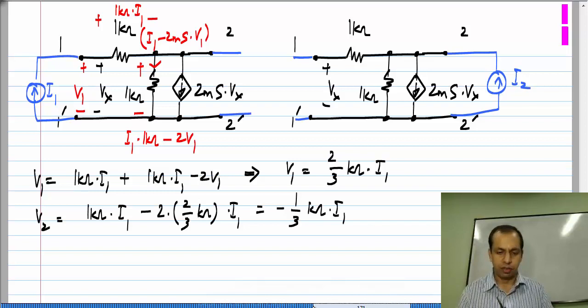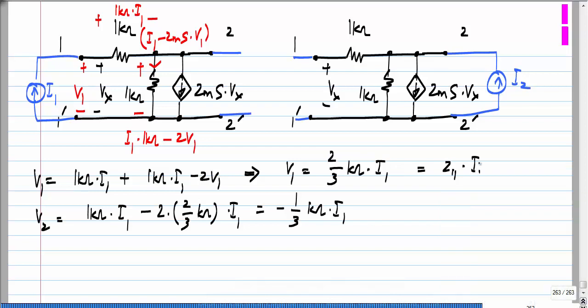And with port 2 open circuited, we know that V 1 is nothing but Z 11 I 1 and V 2 is nothing but Z 21 I 1. So, Z 11 is this quantity and Z 21 is that quantity.